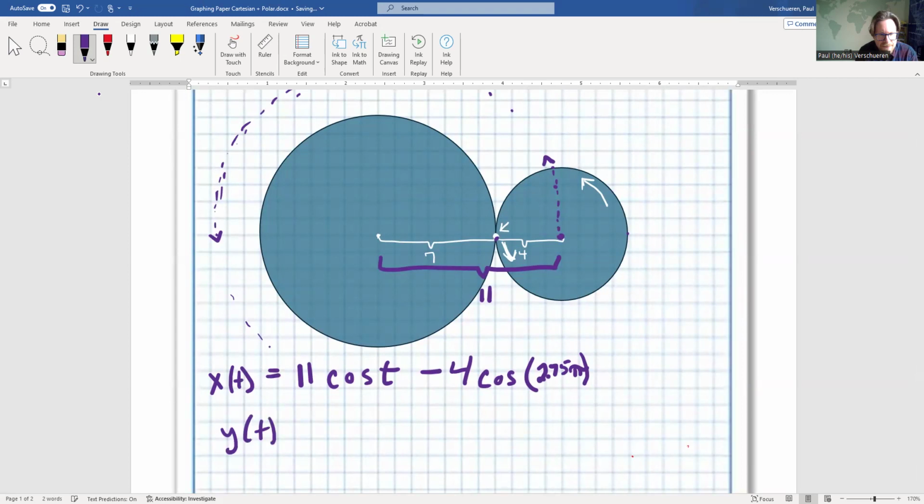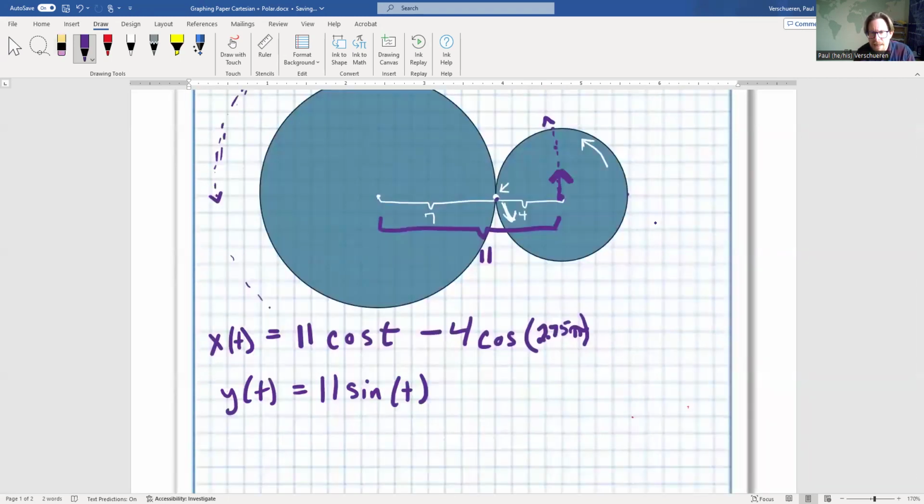When we talk about Y of t, that's going to be 11 times the sine of t, which again, just referring to this midpoint, the center of the outer circle going around, the y coordinate starts at 0 and it's on its way up. That's just like the basic sine function, starting at the midpoint and on its way up. So 11 sine t would work for that.